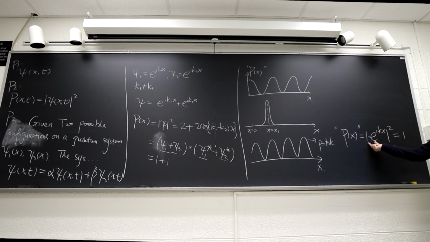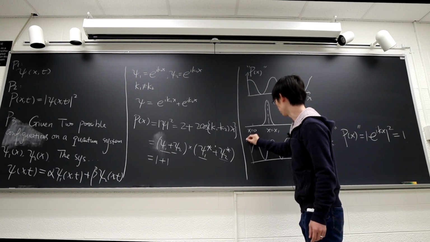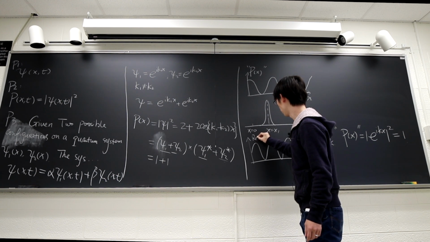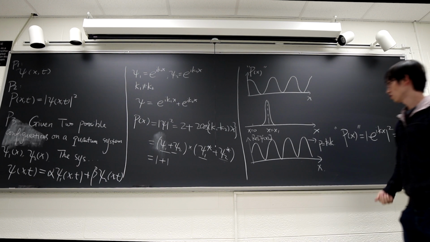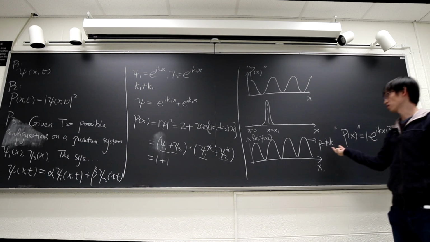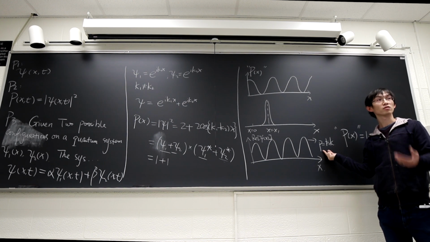Missing a normalization factor here. So for this plane wave, let's say this is the real part. You have a well-defined momentum, but you don't know where the position is.